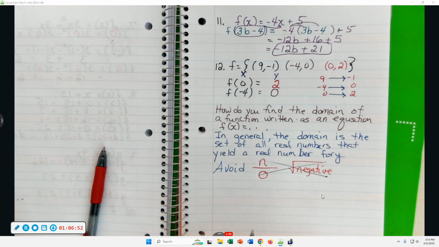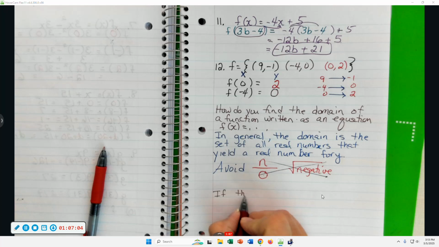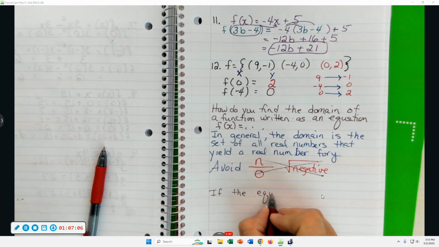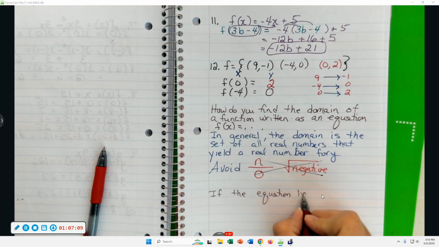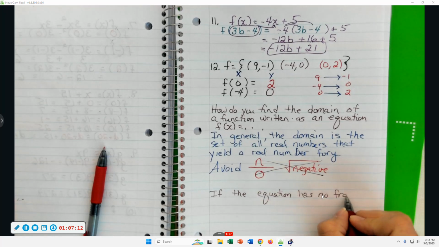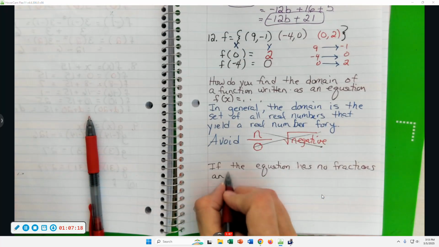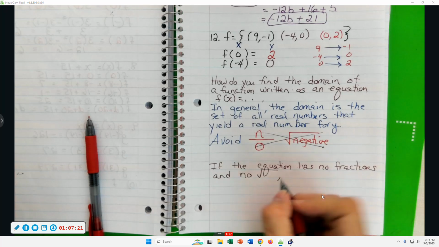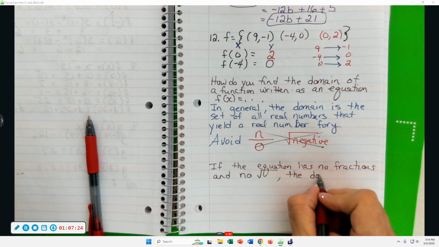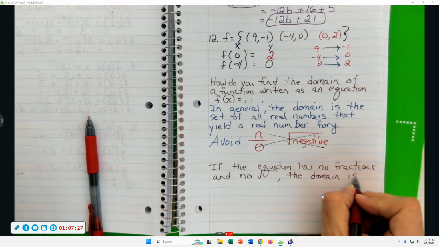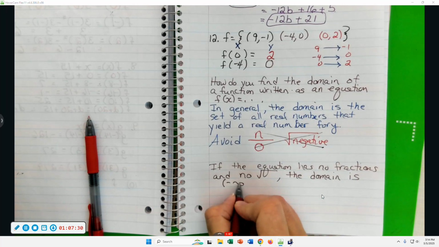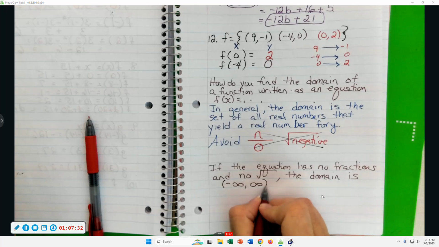In general, if the formula that you're given has no fractions and no square roots, the domain is all real numbers. If the equation has no fractions and no square roots, the domain is negative infinity to infinity.